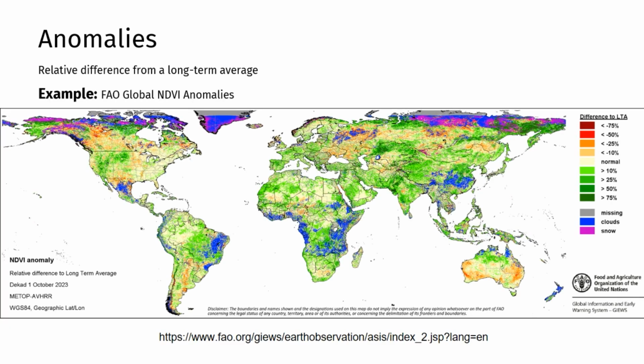One excellent example of this is the FAO Global NDVI Anomalies. NDVI, or Normalized Difference Vegetation Index, is a measure of vegetation health. By calculating anomalies in NDVI, we can detect areas where vegetation growth is significantly different from the long-term average.